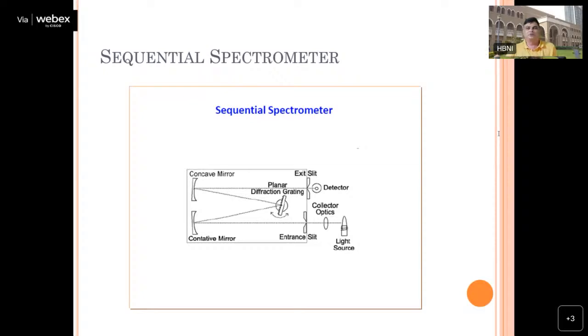If you are using flame atomic absorption spectroscopy for arsenic, a high concentration is okay. For example, I am looking at 10 ppm of arsenic, then you can do it using the flame. But if I am looking at low concentration, then definitely I have to go for hydride generation. So that is how we have to do it.